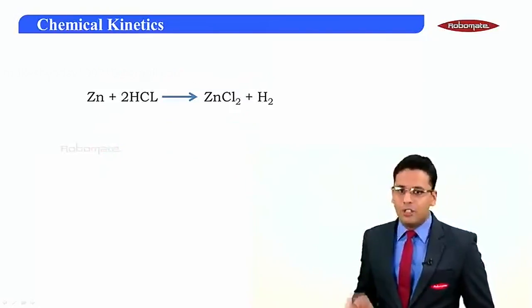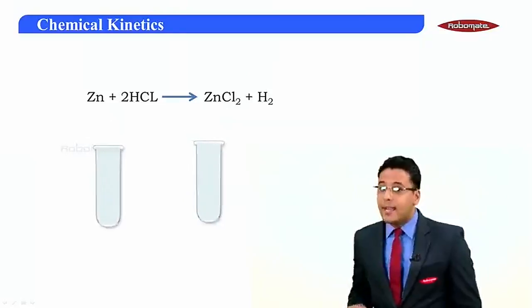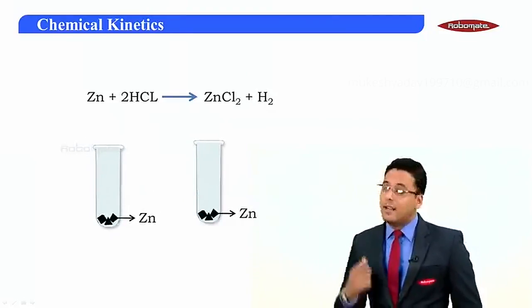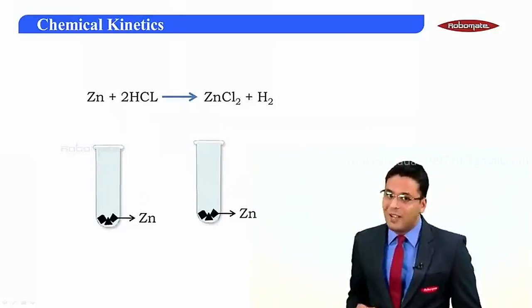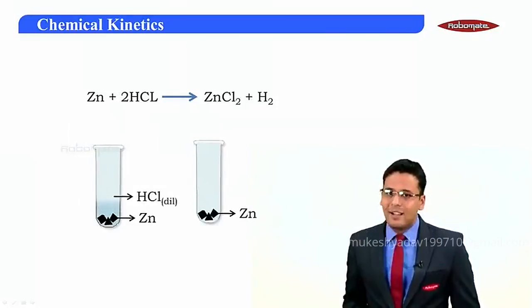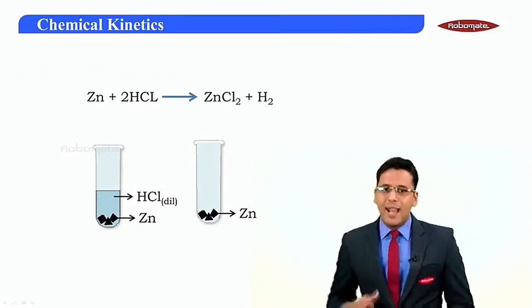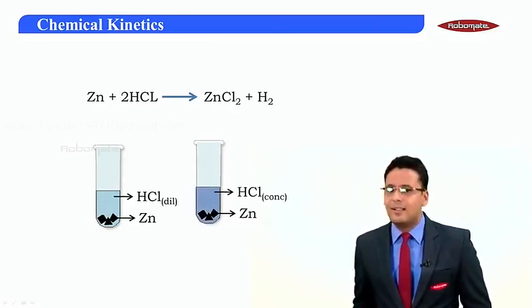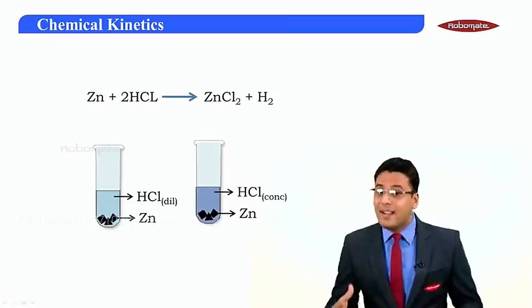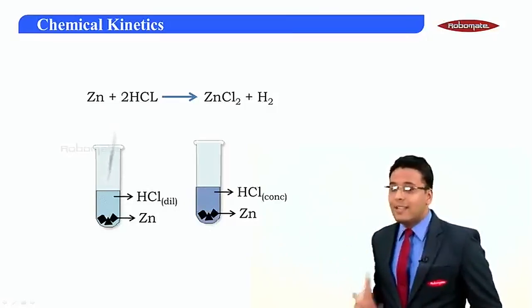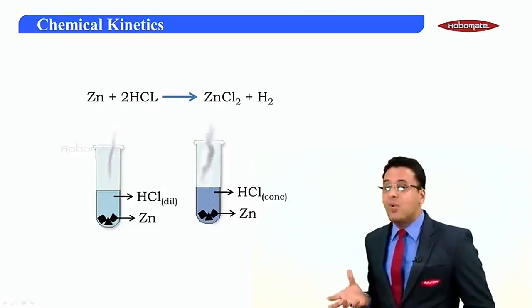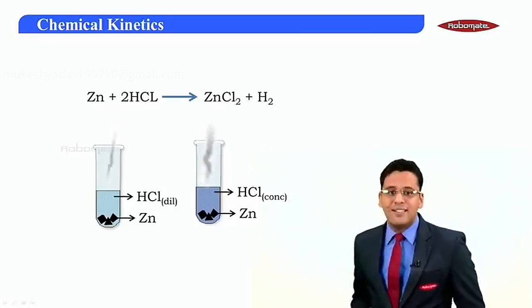Here we've got two test tubes, and inside these test tubes we've got zinc. The first test tube is filled with dilute HCl, and the second one is filled with concentrated HCl. Now the reaction will very well take place in the one with dilute HCl, but look what happens in the one with concentrated HCl.